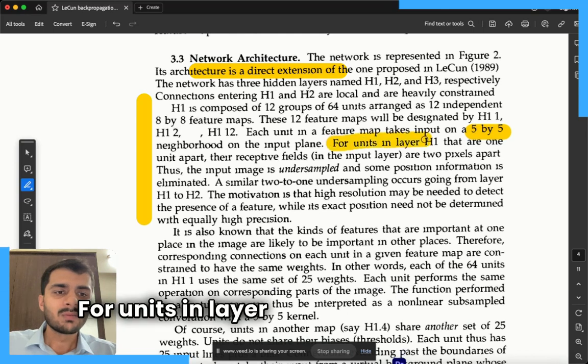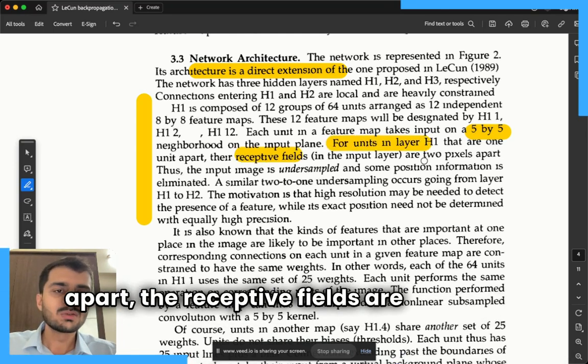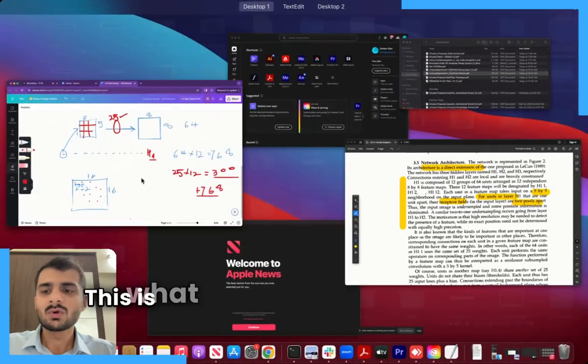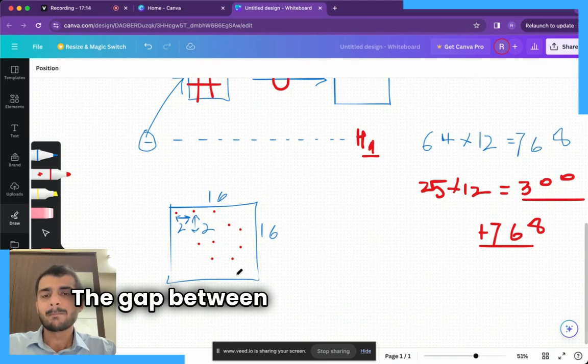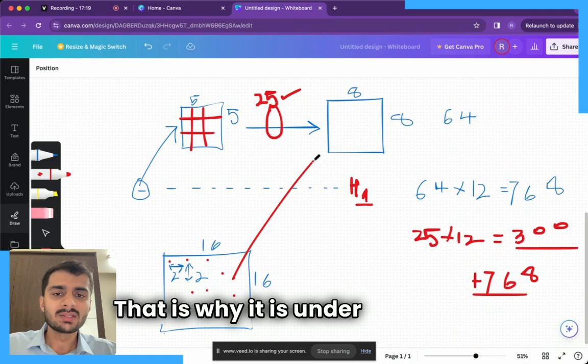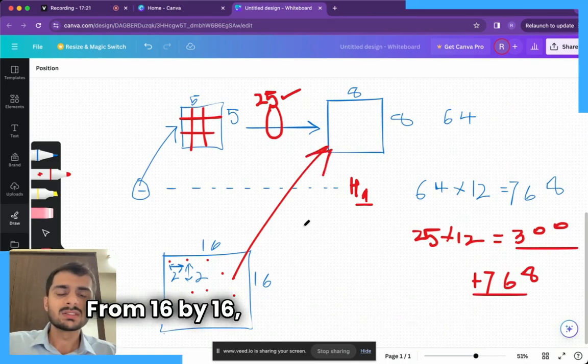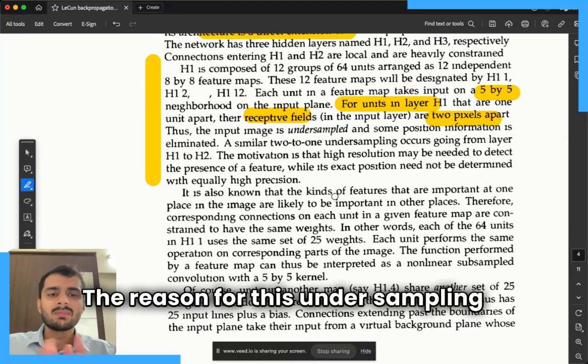For units in layer 1 that are 1 unit apart, the receptive fields are 2 pixels apart. This is what we saw in this particular representation. The gap between the receptive fields is 2 pixels. That is why it is undersampled. From 16 by 16, you get 8 by 8.